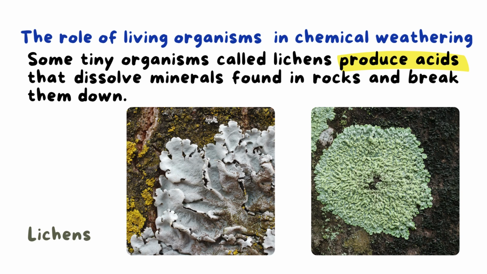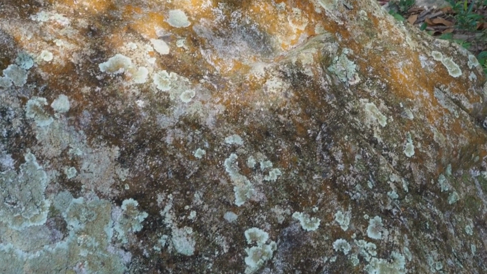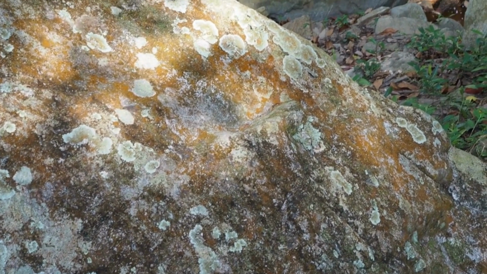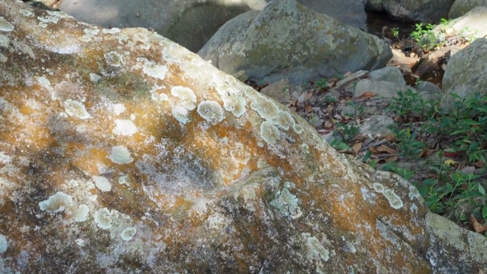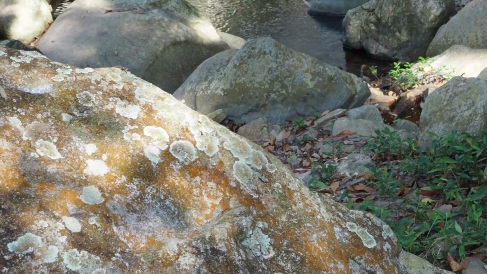Some tiny organisms called lichens produce acids, and these acids dissolve minerals found in rocks and break them down. This is a lichen, as you see here. So these lichens cause what? Yes, dissolving some minerals found in the rocks and breaking these rocks down.